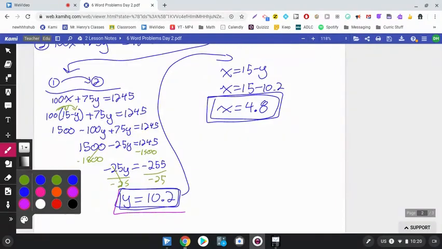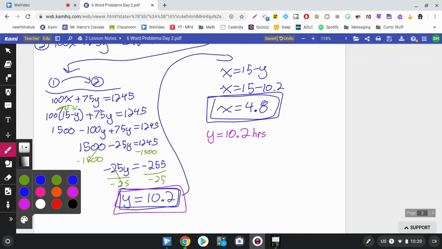So really the only one I'm going to care about is y, which is 10.2 hours. Okay. That doesn't mean 10 hours and 2 minutes, right? Or 10 hours and 20 minutes. It means 10 hours and 0.2 of an hour, right?